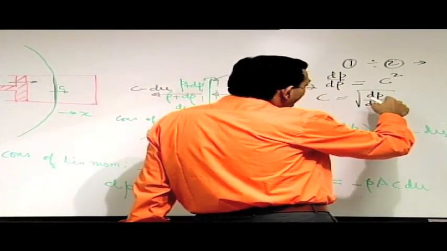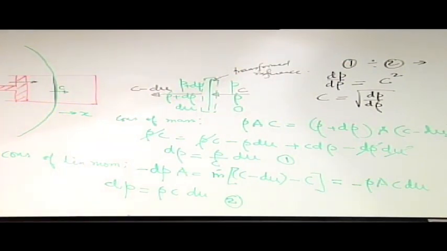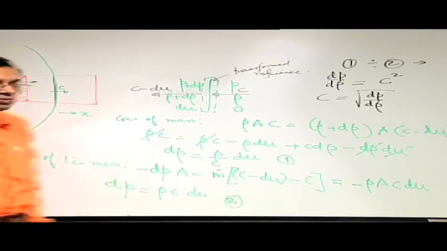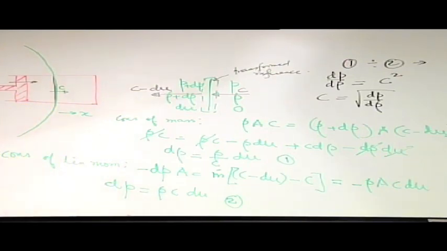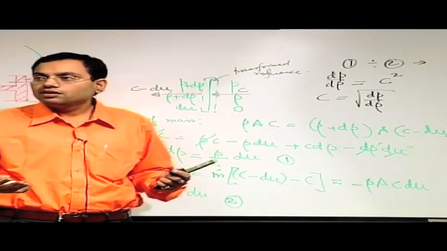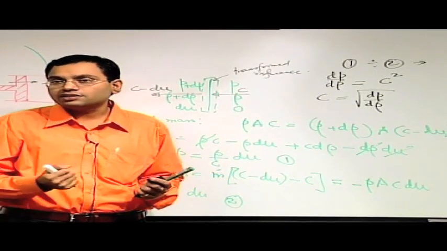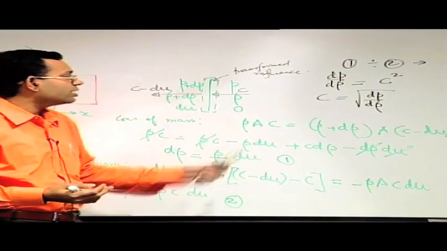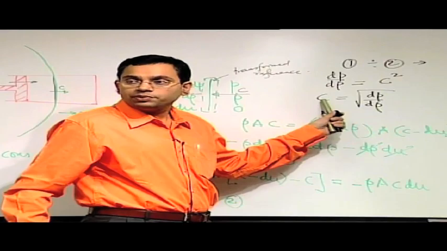If you require a large pressure to create a small change of density, then C is very large. When it is not a very compact system, you require a very small pressure to create whatever change in density you want, but the more compact the system is, the more pressure you require. That means the more compact the system, the higher will be the sonic speed.